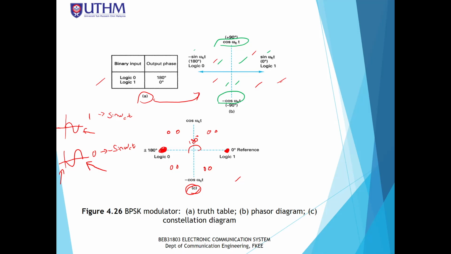So since this is negative sine and negative cos, that means it is located at the third quadrant. Okay, 1, 2, 3, 4. Negative sine on the left, negative cos below, so it is located at the third quadrant.